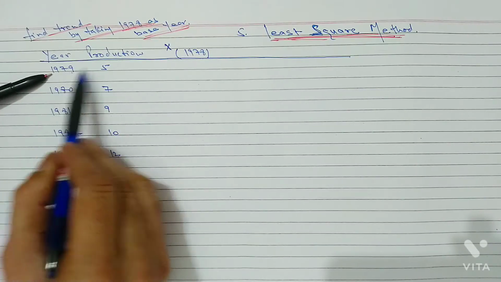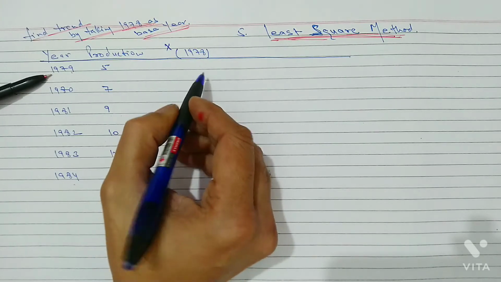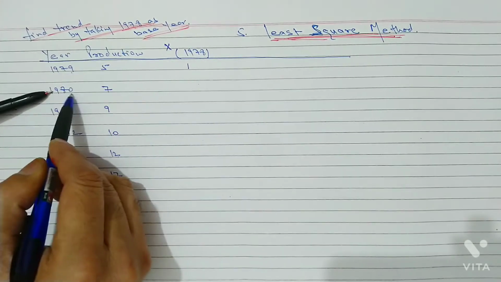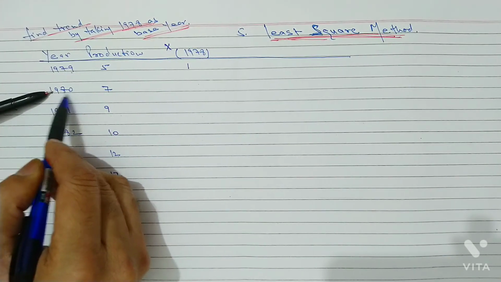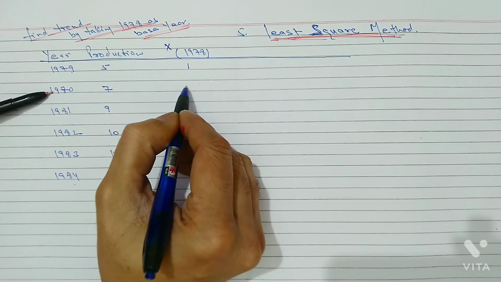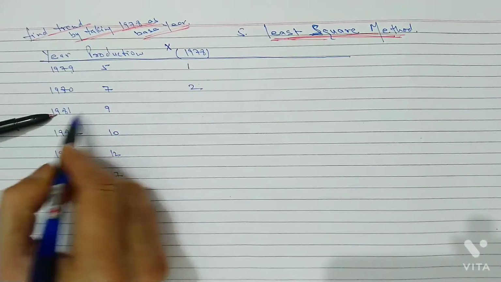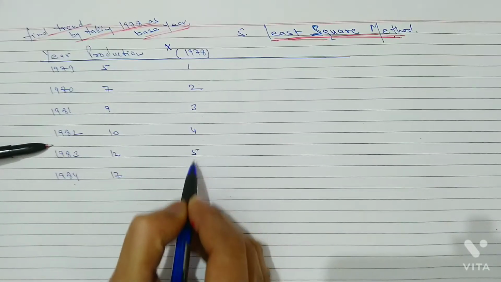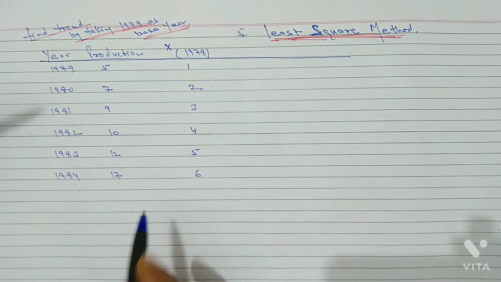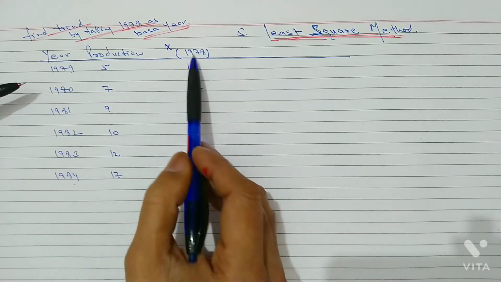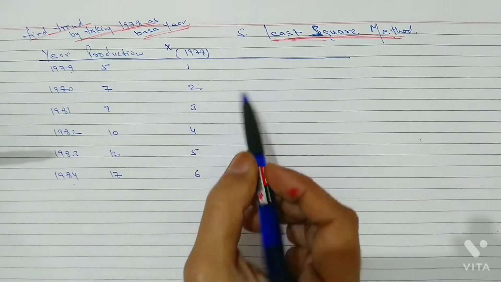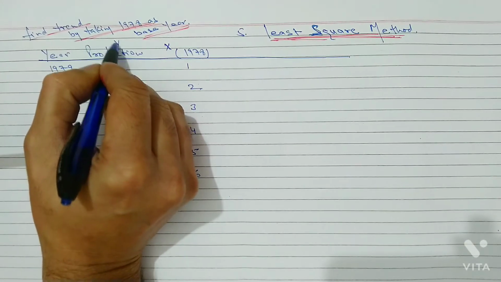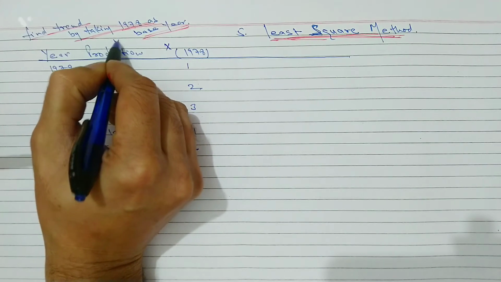Means 1979 minus 1978, 1. 1980 minus 78, 2. 81 minus 78, 3. 4. 5. 6. Clear? This is the Y value.